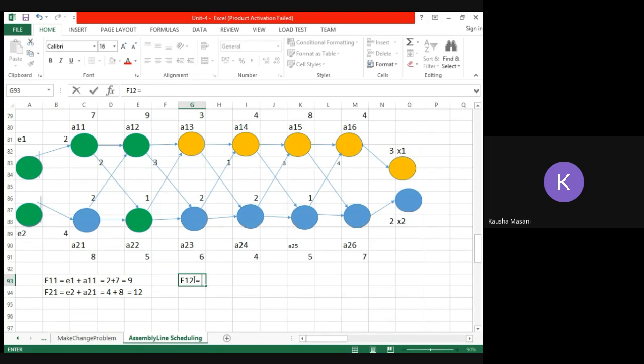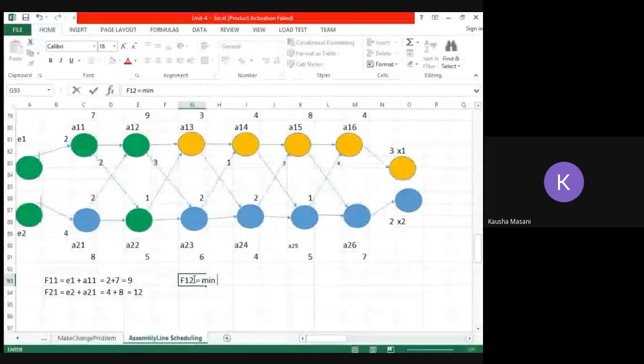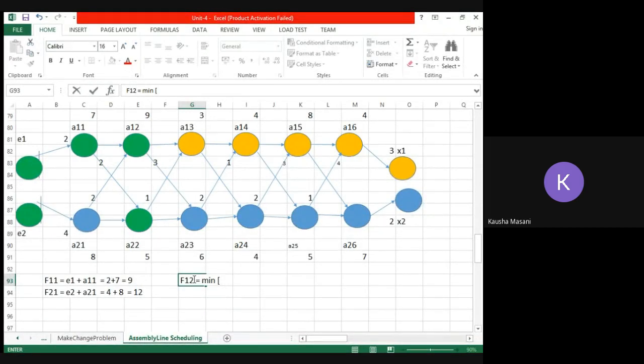Either I maintain the same line as my line 1 or I switch from line 2 to my line 1. So I'm going to take the minimum value of F11 plus A12, same line, F11 plus A12.